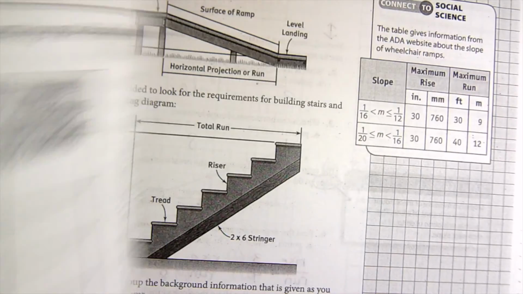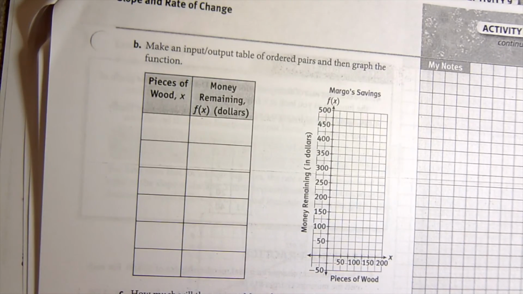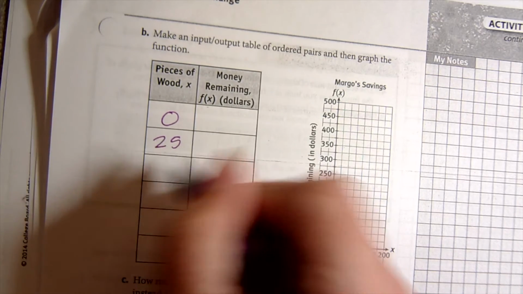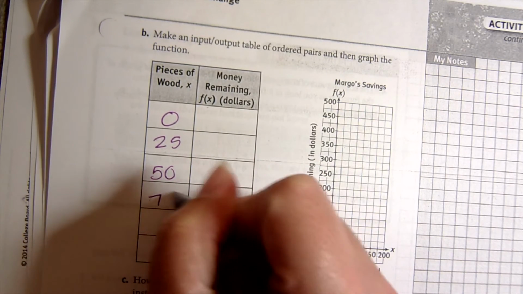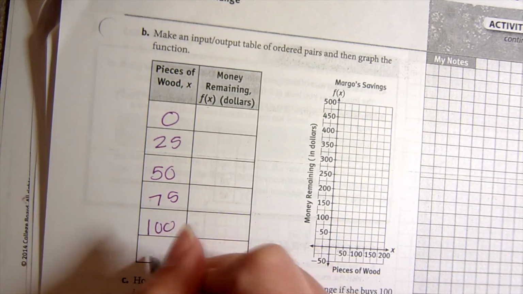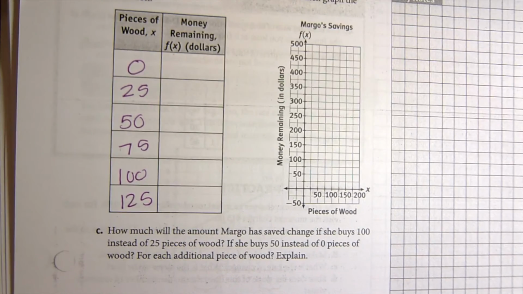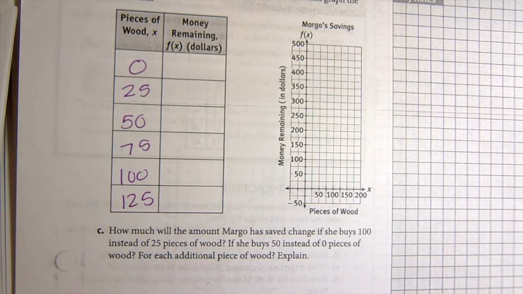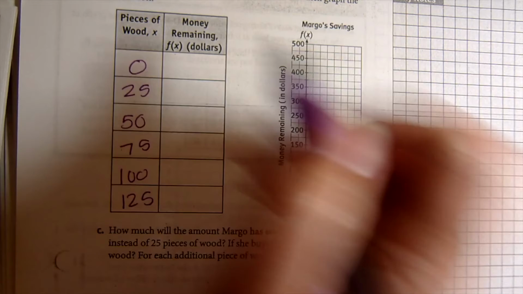All right. On the next page, we're going to do a table and a graph. And you can really choose whatever numbers you want, but I'm going to give you some easy numbers to choose. So we're going to do 0, 25, 50, 75, 100, and 125. So let's go ahead and plug those numbers into the function that we just came up with. What do you get when you plug in 0? 375.